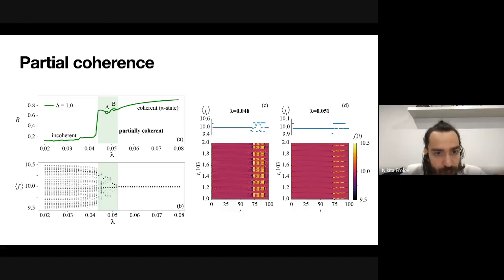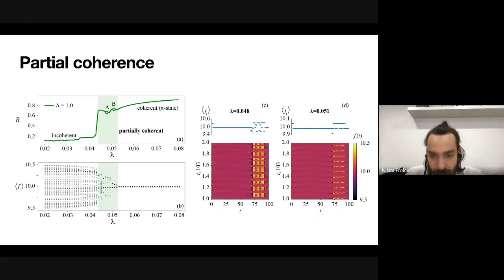Taking a look at the points A and B, we considered the profiles of the network behavior, and we obtained quite an interesting phenomenon, which results in the frequency modulated chimera-like behavior in the heterogeneous ensemble. What does it mean? It means that a large part of the elements is completely synchronized in terms of frequency, which is given by the top panel. And there is a small cluster of spatially localized elements with the frequency distributed in some range, and they are incoherent.